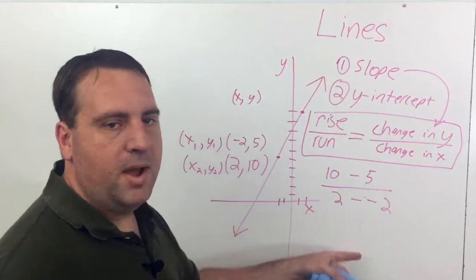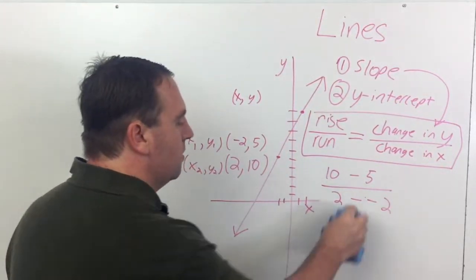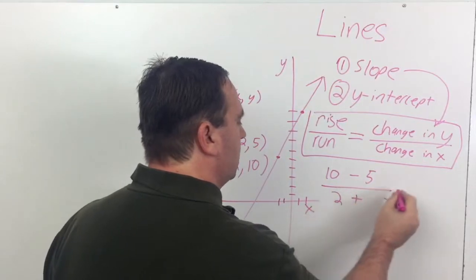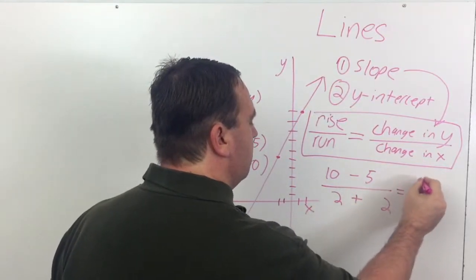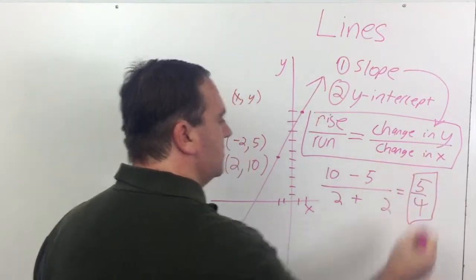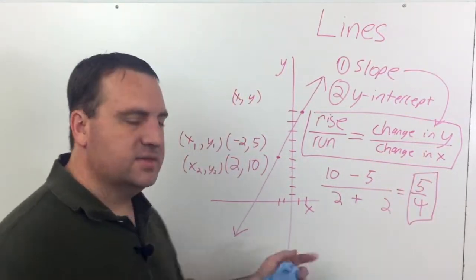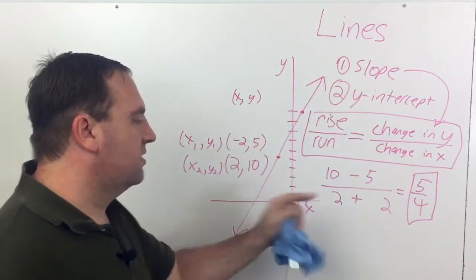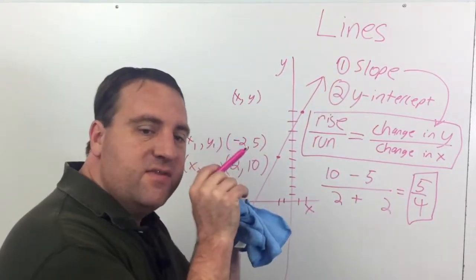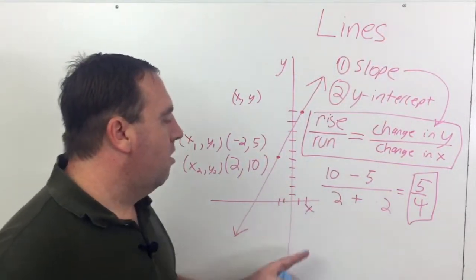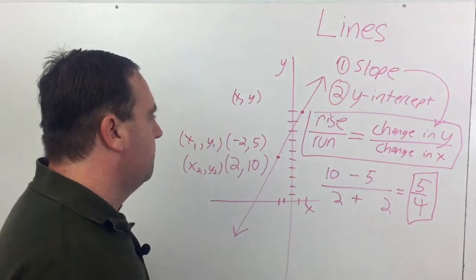So 2 minus a negative 2 becomes 2 plus 2. So that equals 5 over 4. And this is our slope. And as I said, it would be the same no matter what on this line you pick that out from, whether they're 2 points that are very close together or very far apart. They will all have the same slope.